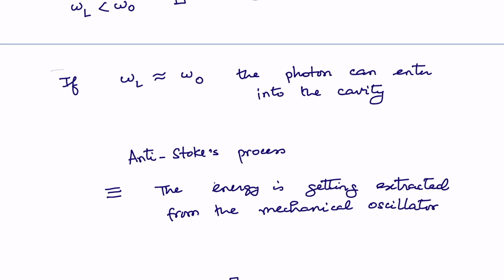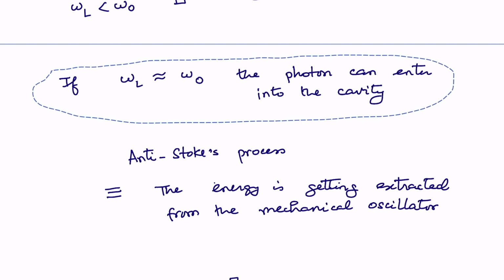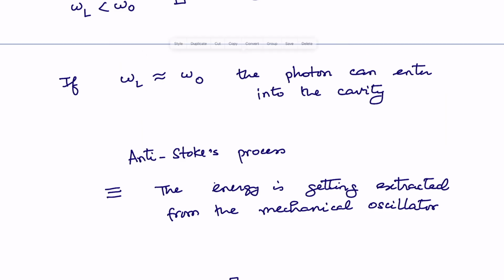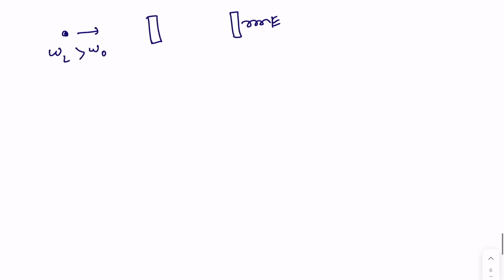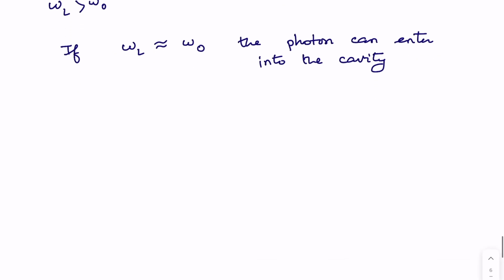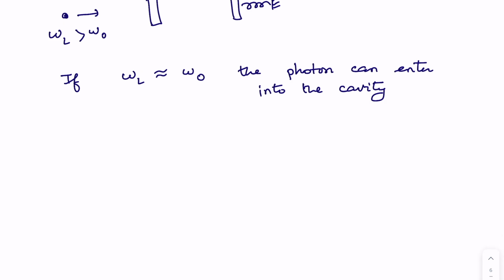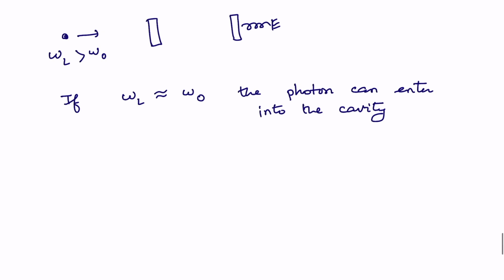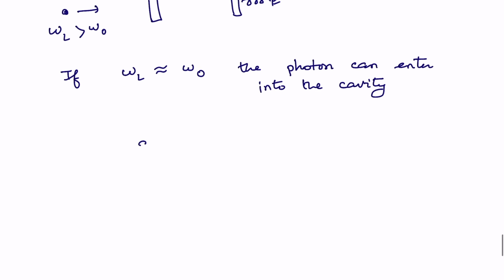So this particular thing that I have written here is valid in this situation also. So that the laser photon can enter into the cavity, it has to shed some of its energy, and generally this energy gets dumped to the mechanical oscillator. That means the mechanical oscillator extracts energy from the optical photon, thereby the mechanical oscillator gets heated up, and this process is called the Stokes process.